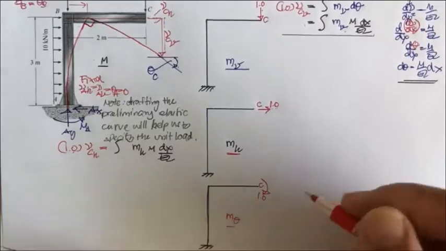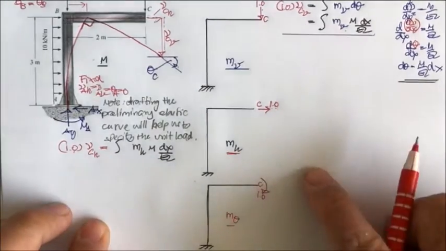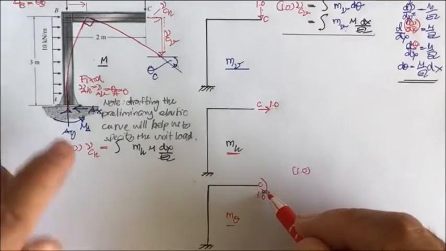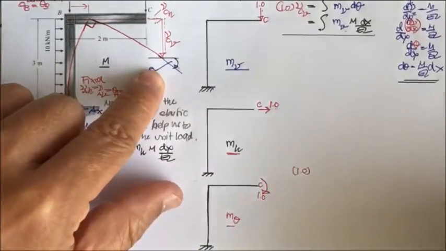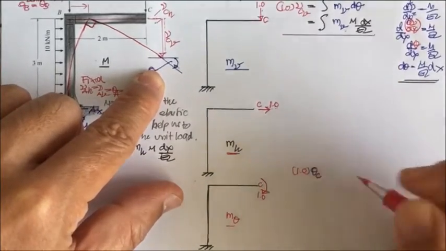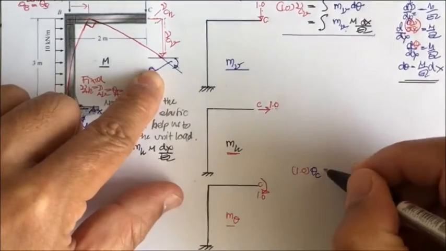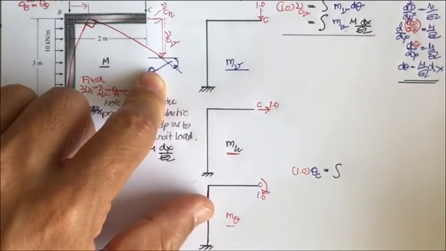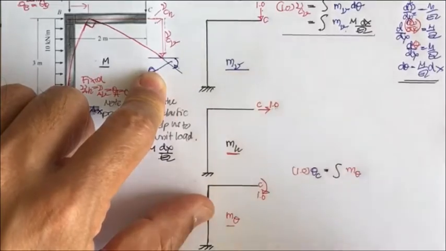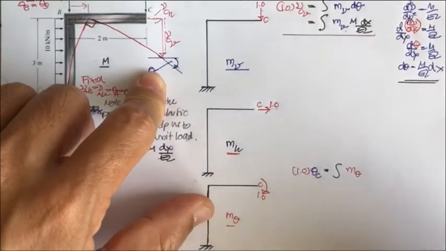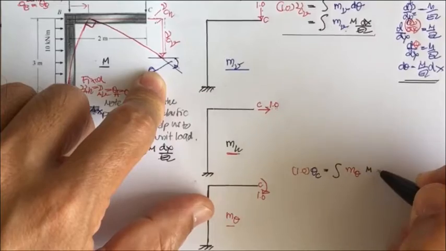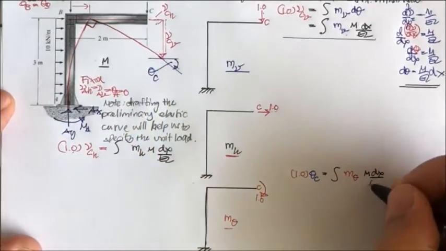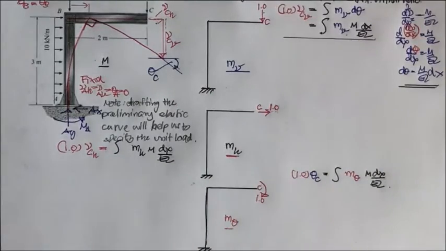This one will produce m sub theta, and what we have is 1.0 here, times theta sub C, and then it's going to be equal to the external virtual integration of m sub theta times the slope, which is M dx over EI.